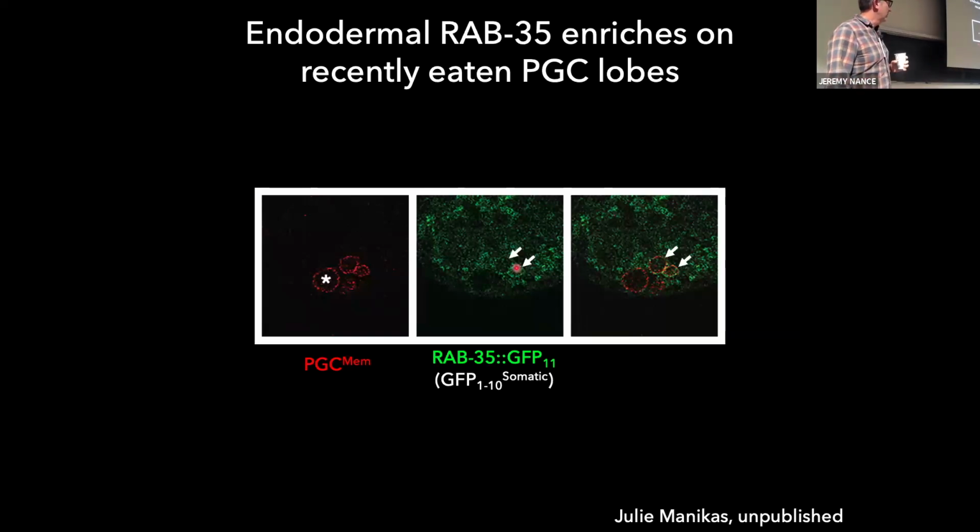And consistent with that, she looked at the expression of RAB35 specifically in the soma, by using a split GFP approach. She tagged it with GFP11 and then expressed the complementing GFP 1 to 10 fragment in the soma. And these lobes right here have just been cut off, and you can see hopefully this enrichment of RAB35 in the soma. This is in the endoderm right around those structures. RAB35 is everywhere, but it's enriching around those lobes that have just been cut.